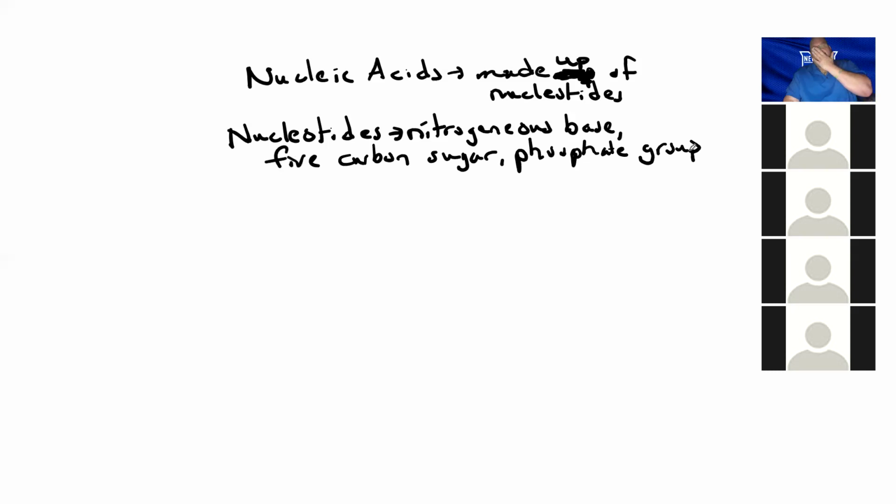Now, you don't have to memorize the structures of the nitrogenous bases and the 5-carbon sugars. So I'm not going to say draw adenine or draw thymine or draw ribose or such like that. However, with them, there are certain aspects that you need to remember.